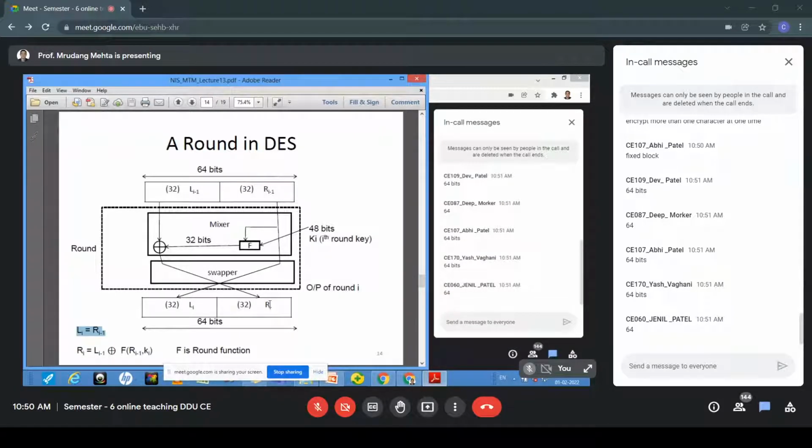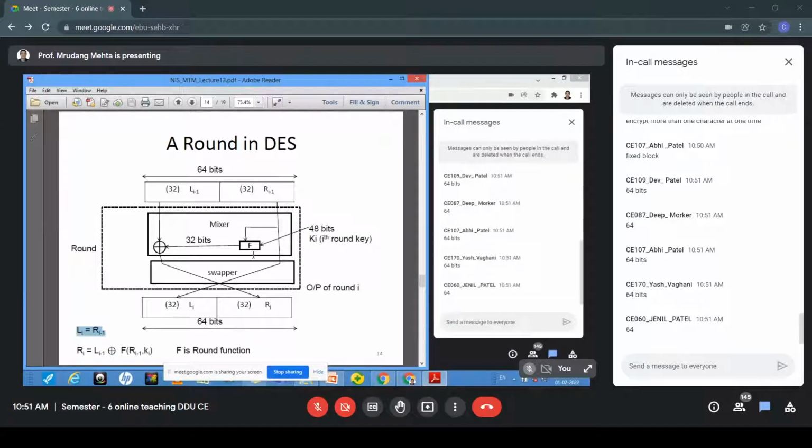Second is Ri. What is Ri? Ri is Li minus 1 XORed with another function f, which we call the round function. f has two inputs: one is Ri minus 1 and the second is Ki. So for each round, there is one key and the previous round's right half.